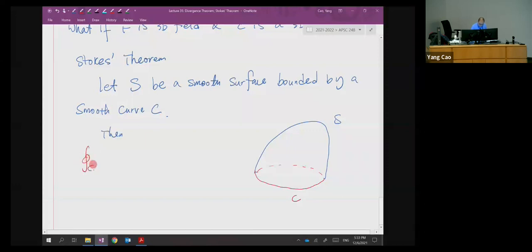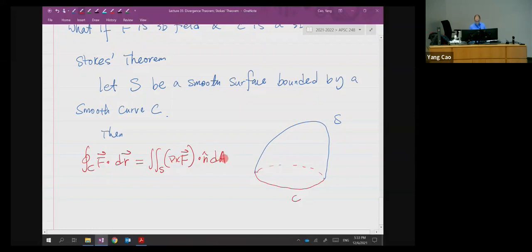Very probably you are required to calculate the circulation of the vector field over this curve C. That's the circulation of the vector field over curve C, and the theorem says it's equivalent to calculating a surface integral, like this.